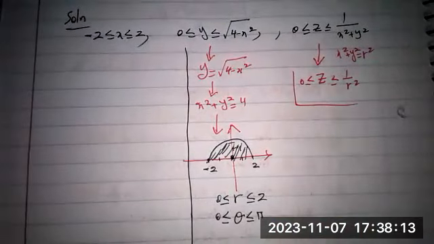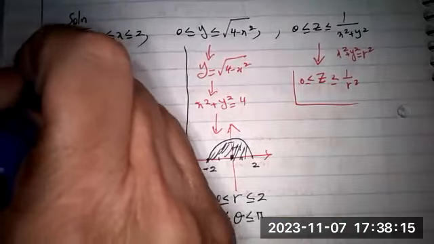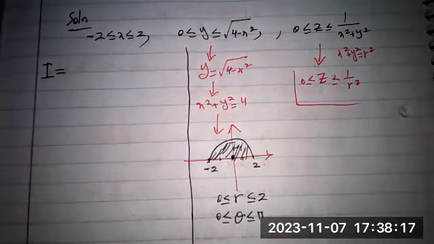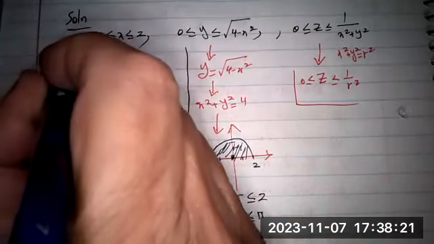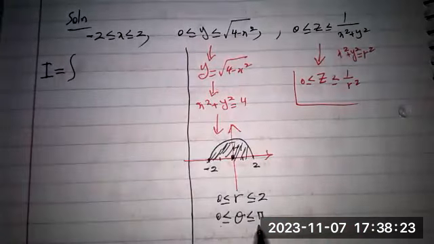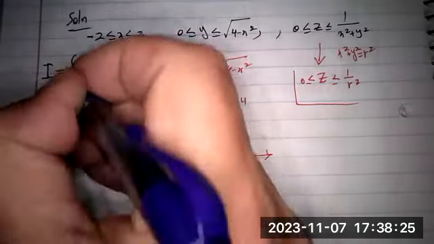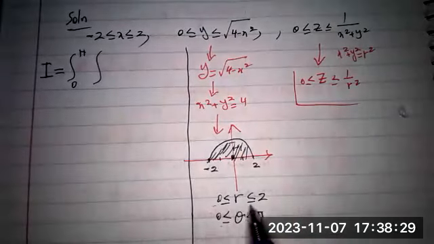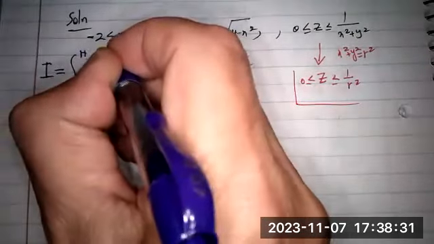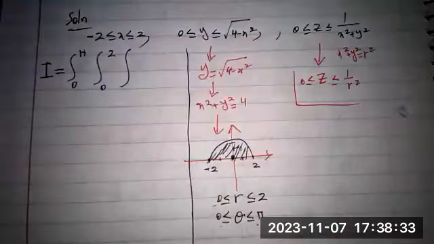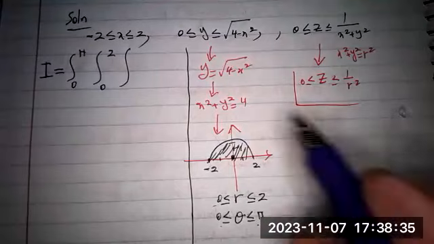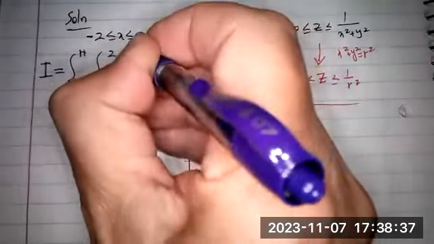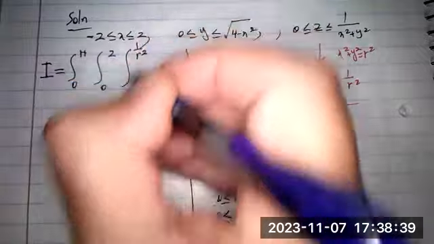By the formula that we have, I equals, we integrate with respect to theta, 0 to pi. We integrate with respect to r, 0 to 2. Then we start integrating with respect to z first. Z is between 0 and 1 over r squared.